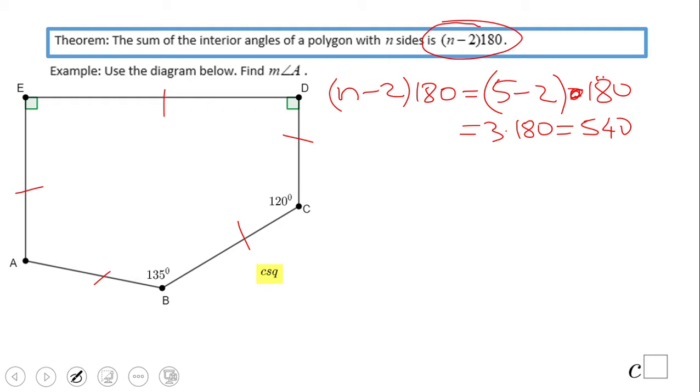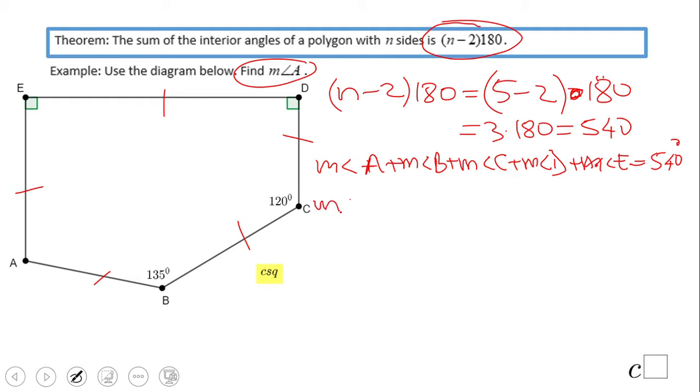The only difference is we're going to have 5 angles: measure of angle A plus measure of angle B plus measure of angle C plus measure of angle D, and one more, measure of angle E equals 540 degrees.